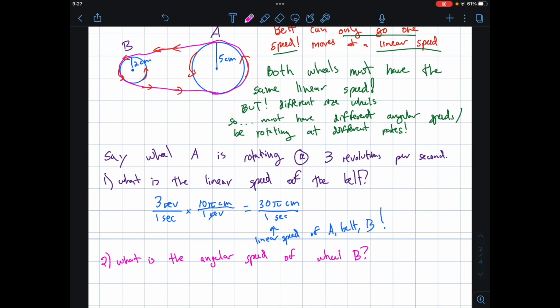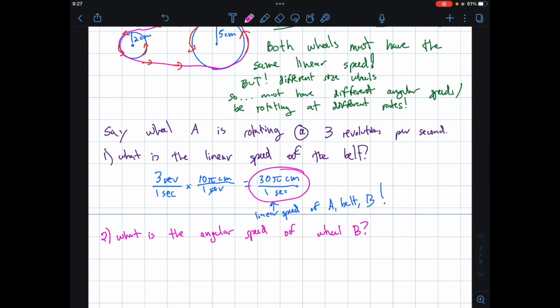Okay, and we're going to use what we just calculated. We know the linear speed of wheel B is 30 pi centimeters every 1 second. Now we need to turn this into some angle measure or number of revolutions per second. If we think about B, every time we do 1 full revolution, we do 1 circumference of linear distance.